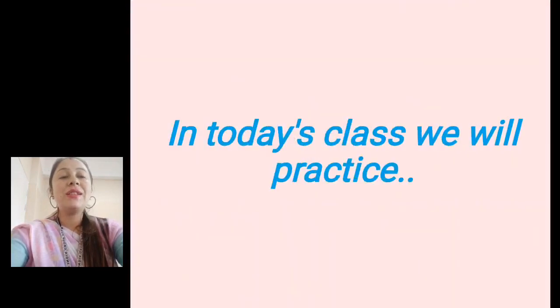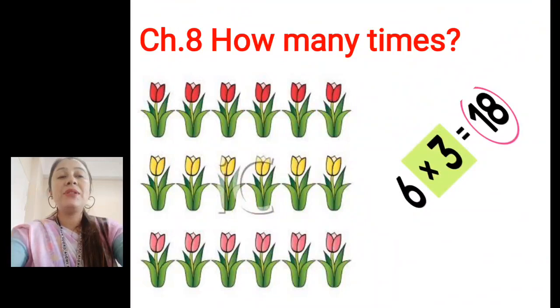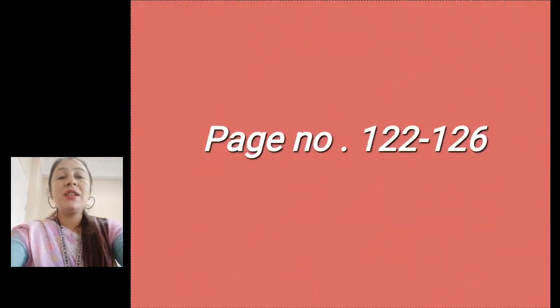So in today's class children, we will practice Chapter 8, how many times, in which we will simply learn to multiply the things. So in today's class, we will do from page number 122 to 126.